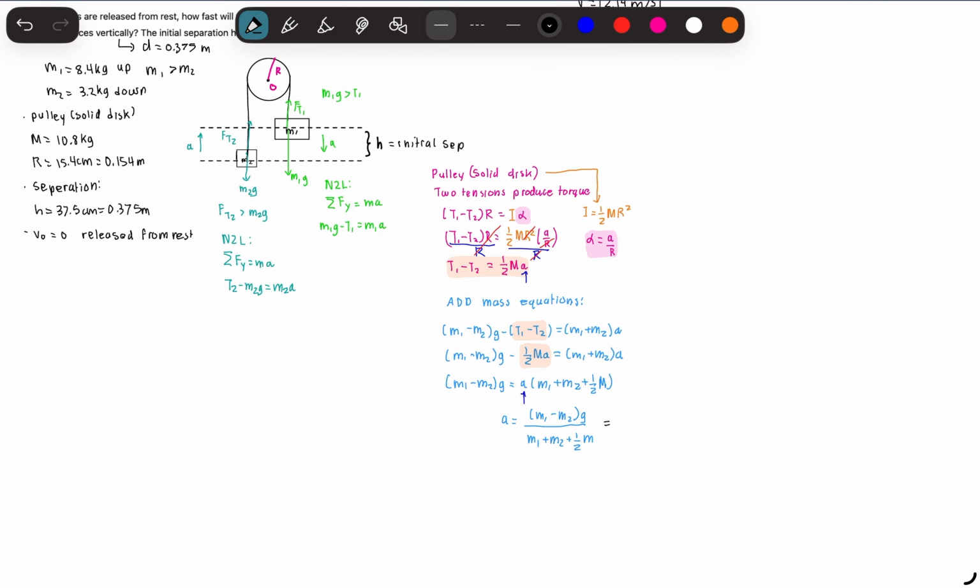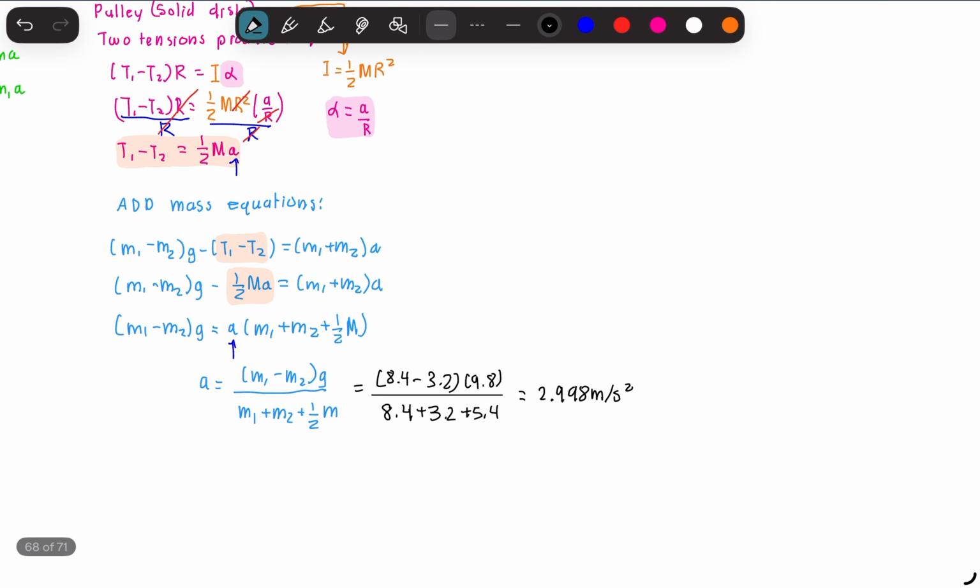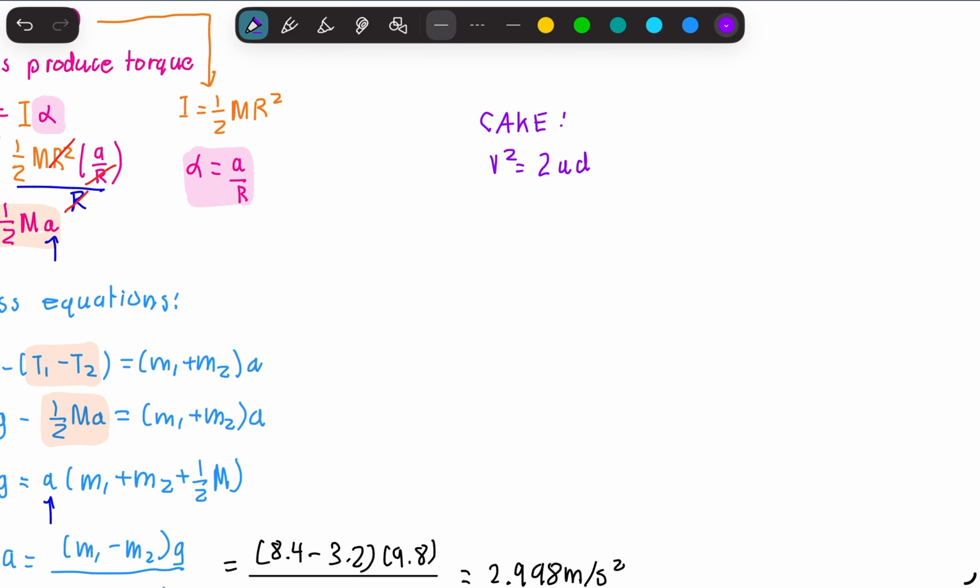We have, this is going to equal to, now after this we can use kinematics. v squared is equal to 2 times acceleration times distance.